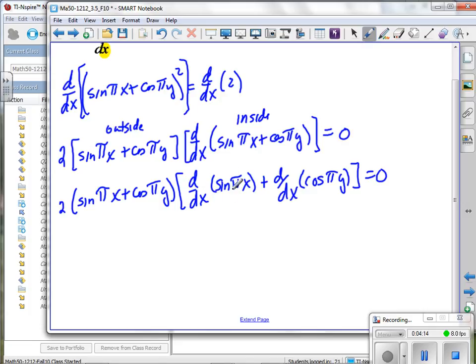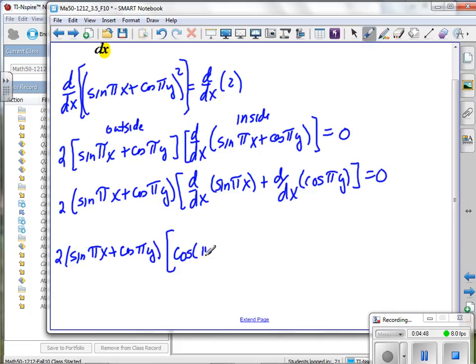derivative with respect to x of sine pi x, do you see another composite function? So Meep, you were saying yes. What's the inside function? Pi times x, and the outside then is sine. Okay, so we've got 2 sine pi x plus the cosine of pi y times, and so now we would do the outside. What's the derivative of sine? Cosine.